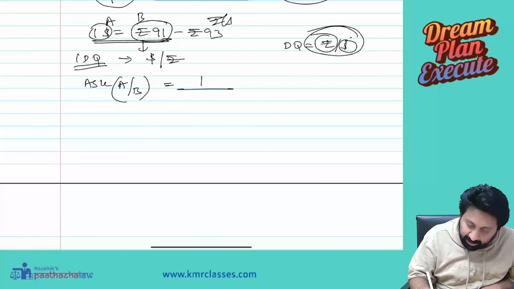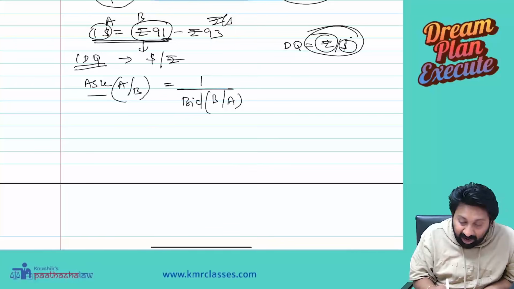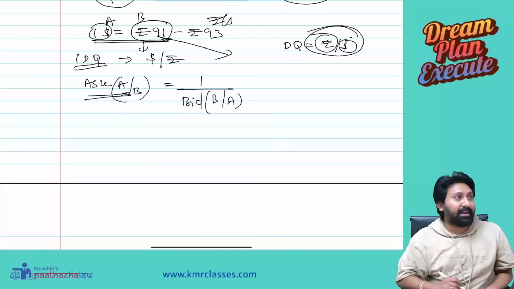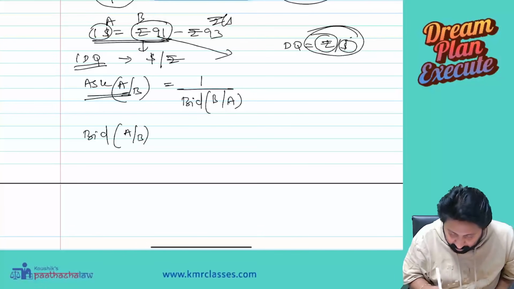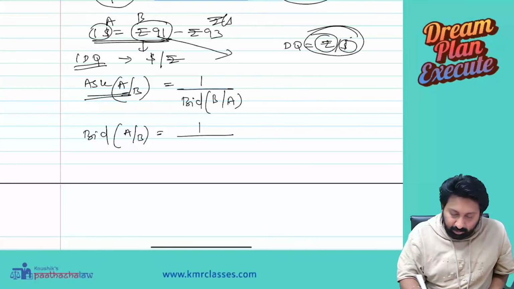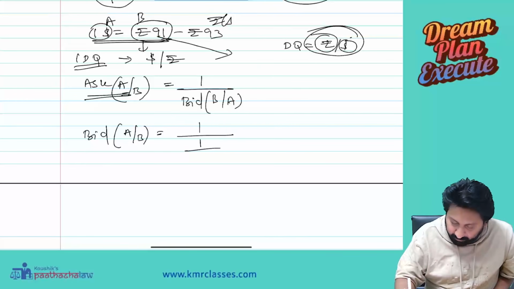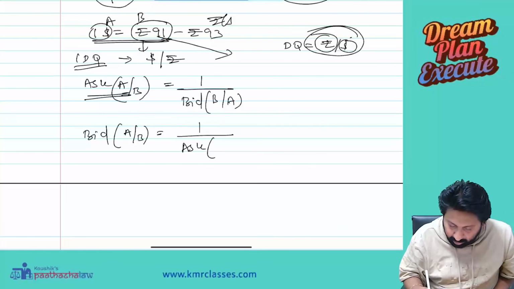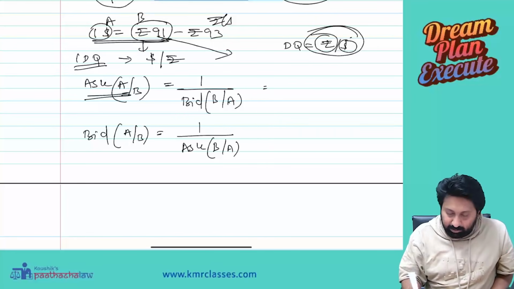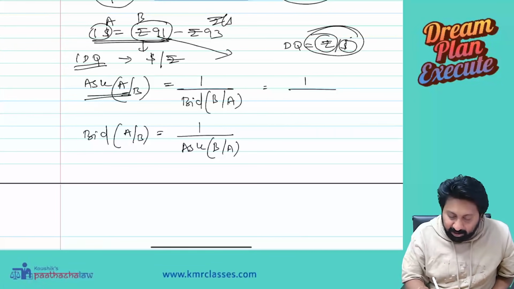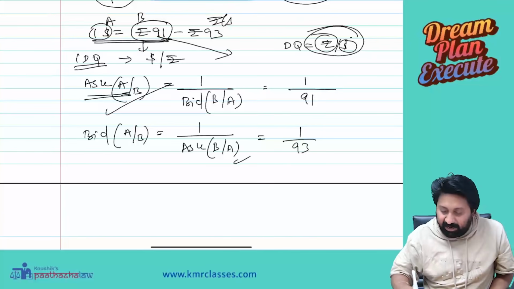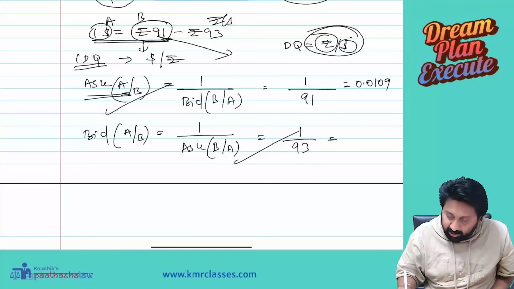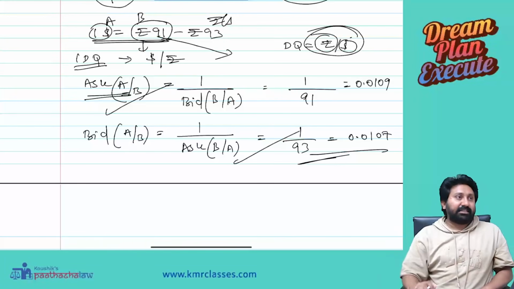It will be 1 by bid of B by A. What I told, ask of rupee should be 1 by bid. Bid of A by B equals 1 by ask of B by A. Bid of B by A is 91, so ask will be 1 by 91, 0.0109, and similarly 0.0107. This is how conversion happens.